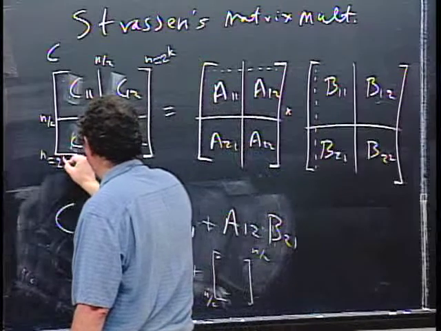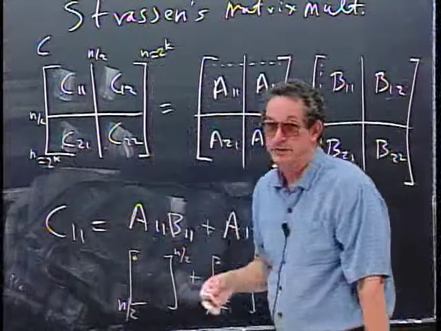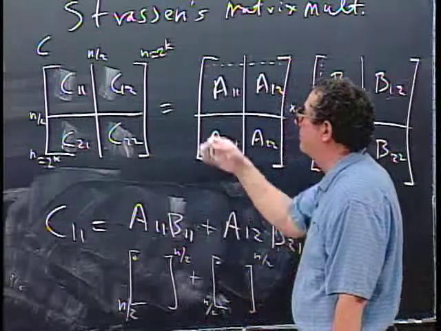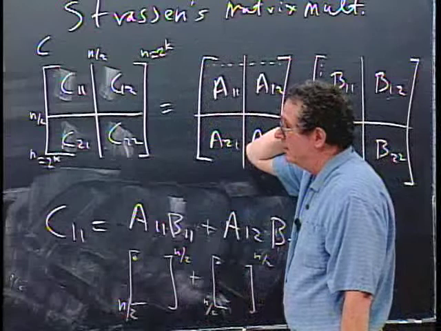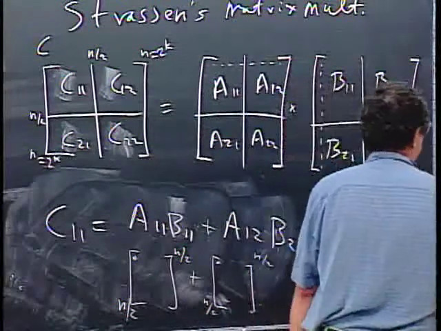And when n is not a power of 2, we can talk about how to pad the matrix or what to do in the recursion to handle that. But to first get the idea, it's just useful to look at a cleaner case where n is a power of 2.